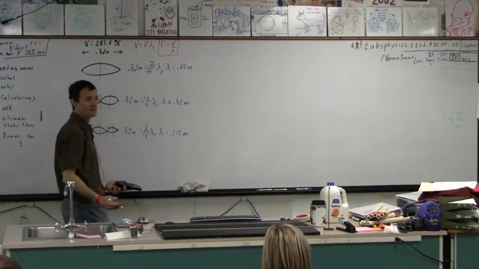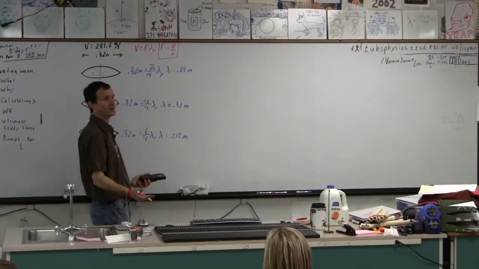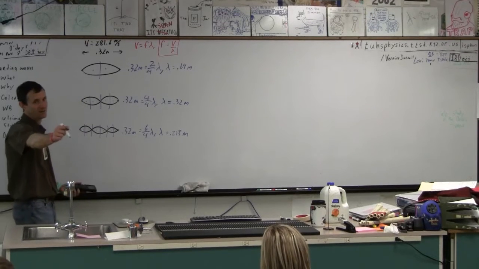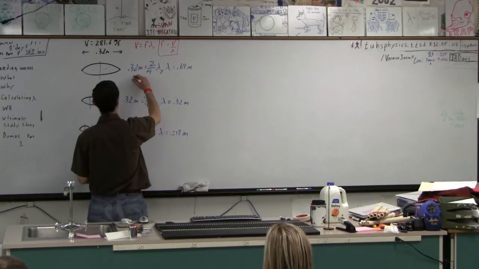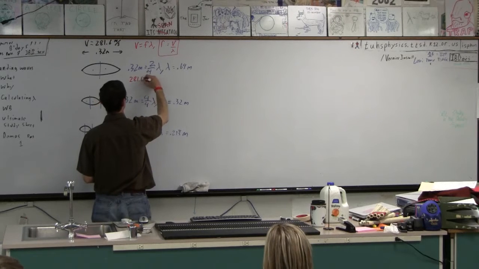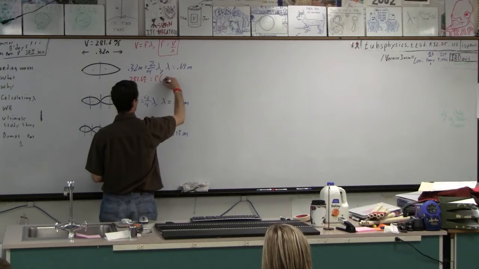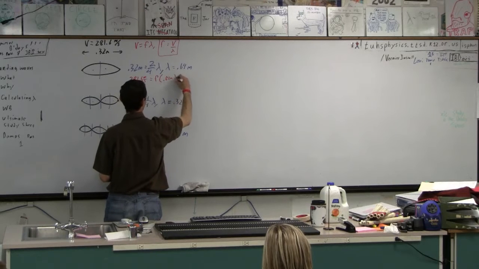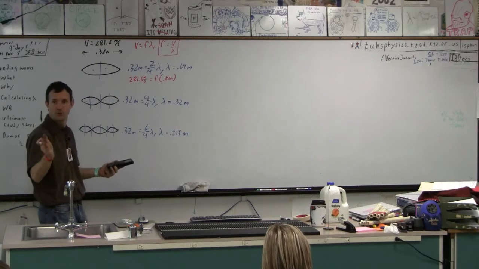This makes sense because the smaller lambda is, the more frequently it has to go by. So for this one, the speed is 281.6 meters per second, equal to the frequency times 0.64 meters. How many of those have to go by? Well, it's 440, isn't it?